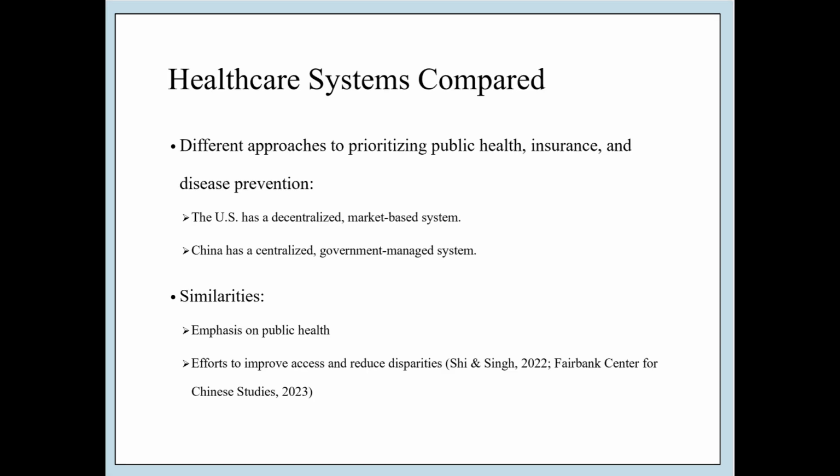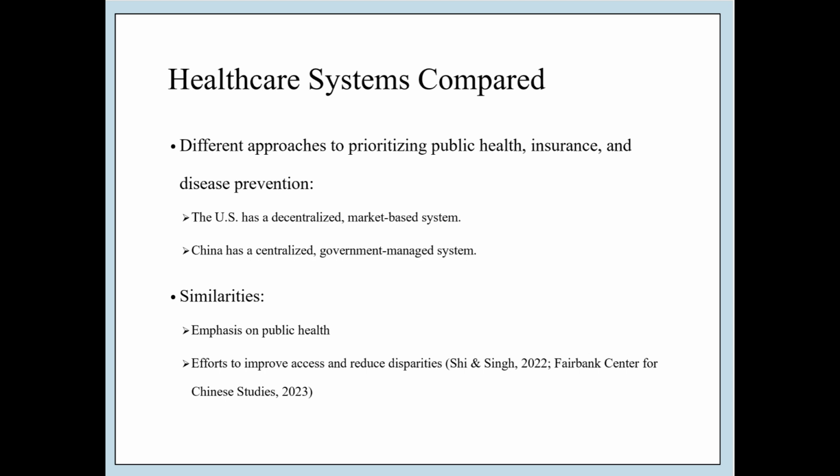As we take a look at healthcare system comparisons between the United States and China, there are different approaches to prioritizing public health, insurance, and disease prevention. The US has a decentralized, market based system, meaning as we are a free country, it depends on your job, where you work, the money you have.